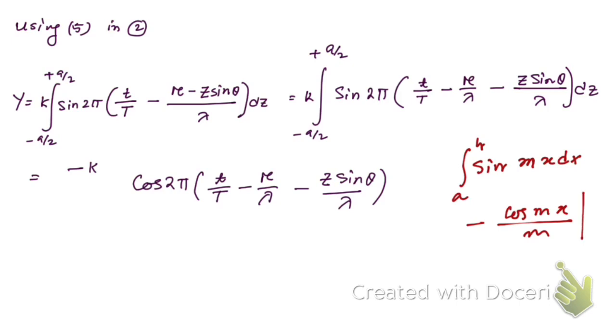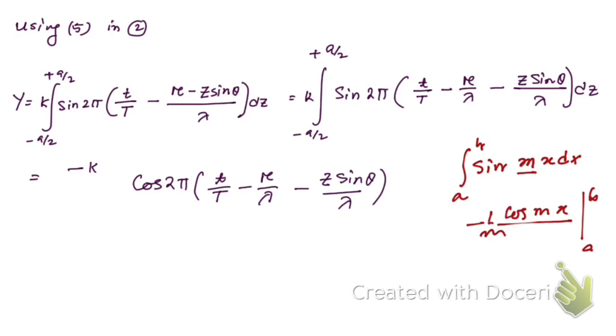Then we put the upper limit and lower limit. Similarly here m is nothing but this sine theta by lambda, so we take here the reciprocal of m, that means 1 by m, right?